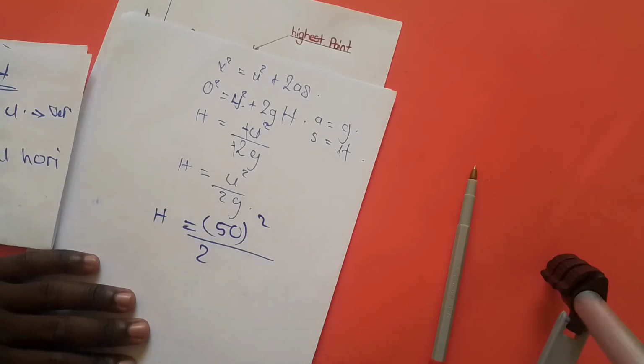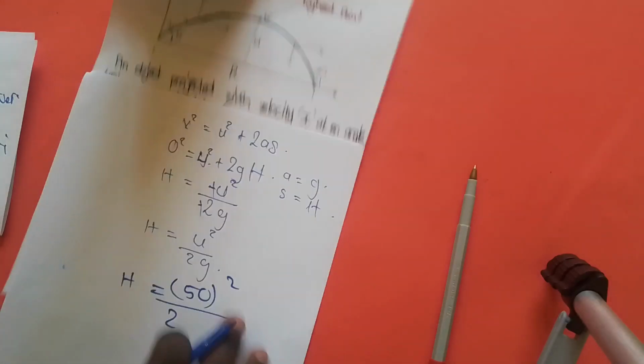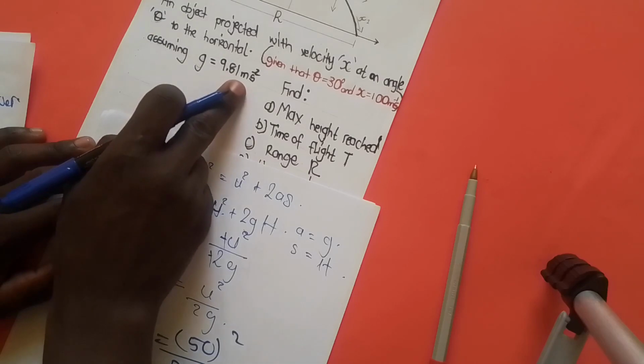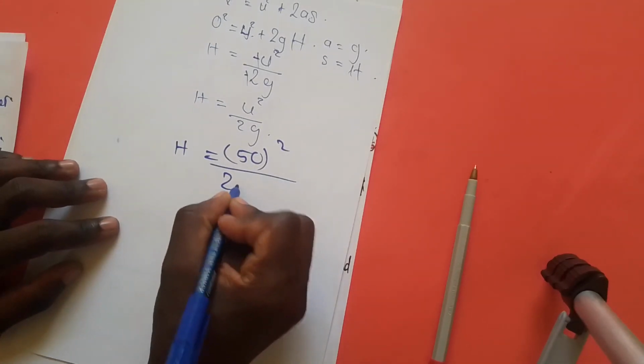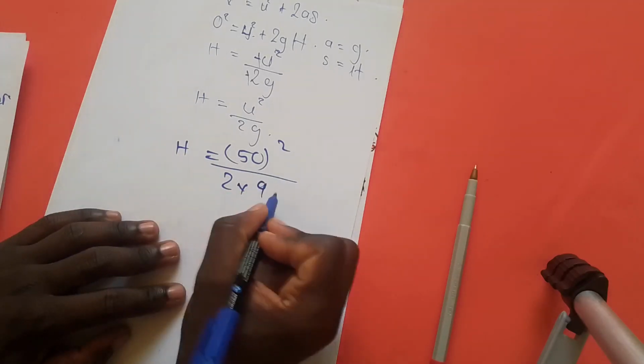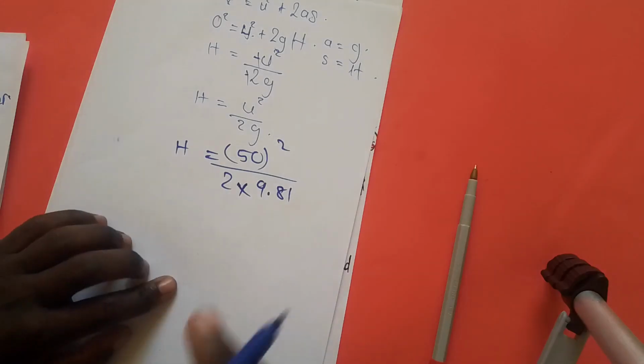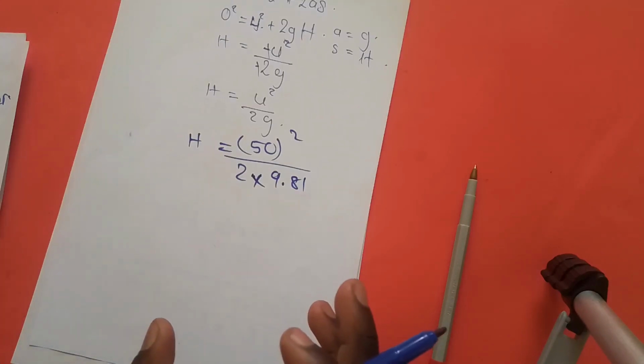What is the acceleration? From the word go, the question told us to assume that g is equal to 9.81 meters per second squared, right? Okay, so this is our calculation now.